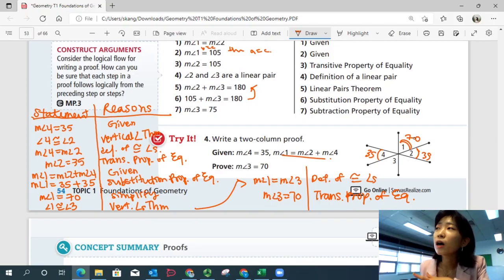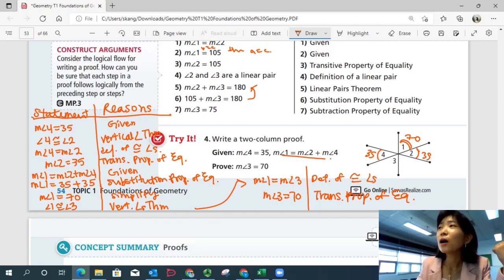And if 1 is equal to 2 plus 4, then 1 must be 70. And if 1 is 70, then 3 must be 70 because they're vertical angles. And you have solved it by yourself. Now you can write a 2-column proof using the exact thought process that you had in mind while solving it. Does that make sense?